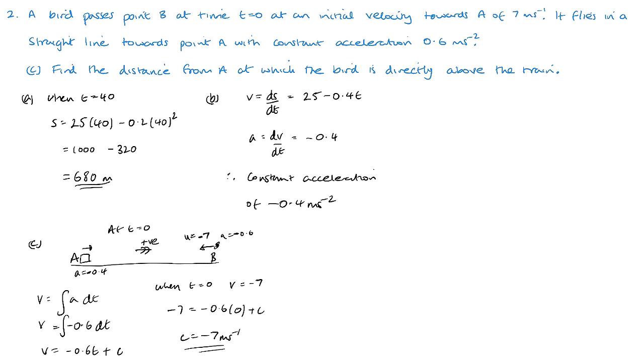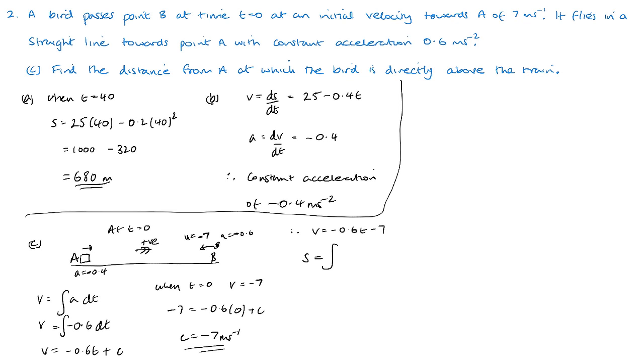Okay, just going to block that A and B off there. So therefore the velocity is minus 0.6t minus 7. Okay, now let's get one for the distance. So this is all the distance of the bird.